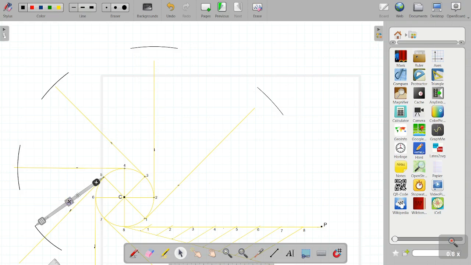Then again coming back to the measurement part, measuring from point 6 to point P, keeping the compass on point 6 and making an arc on the tangent of point 6.